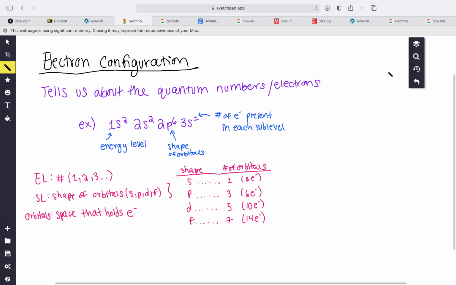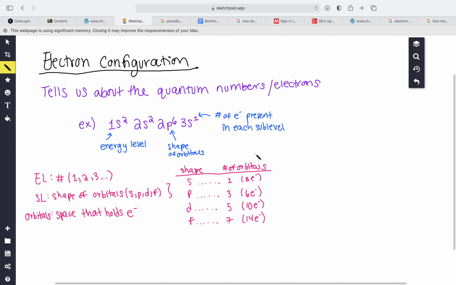Okay, so the next thing to look at is the electron configuration. So this tells us about the quantum numbers, aka the electrons, but in a more simple term. We're taking those quantum numbers that we just figured out and putting them into almost like a sentence.